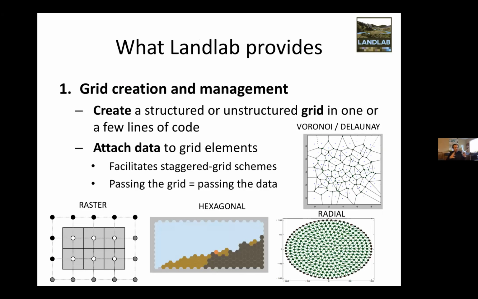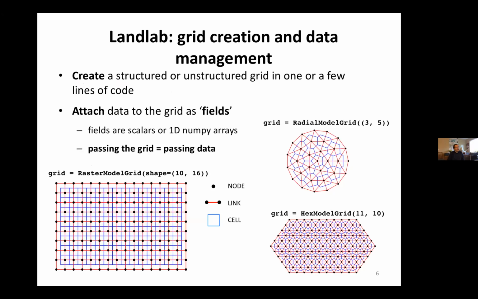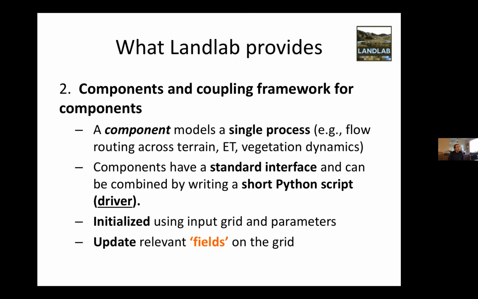You first create the landscape grid, and then on top of it, it uses different types of gridding schemes like hex model, radial model, and raster model. And then it has components that do only one process.